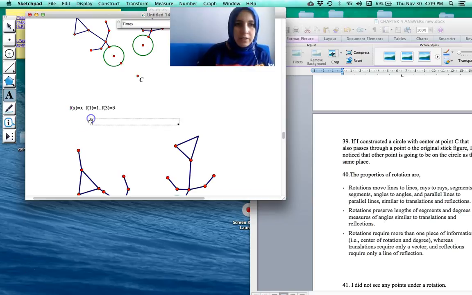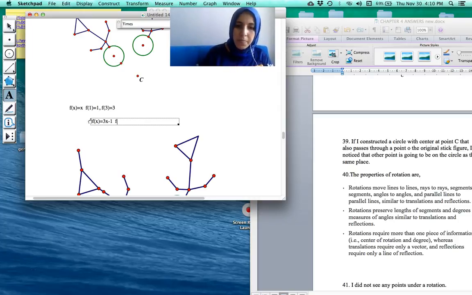On the other hand, if I write down f(x) equals 3x minus 1, this is a function which has 0 fixed points.